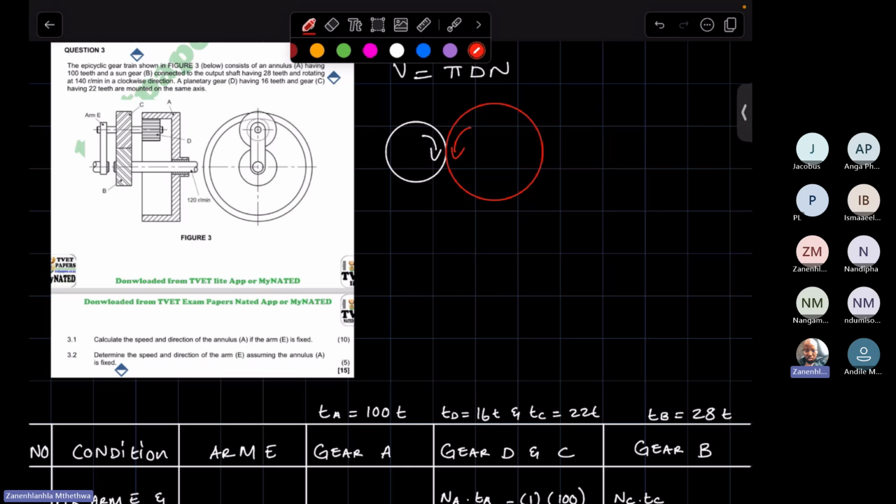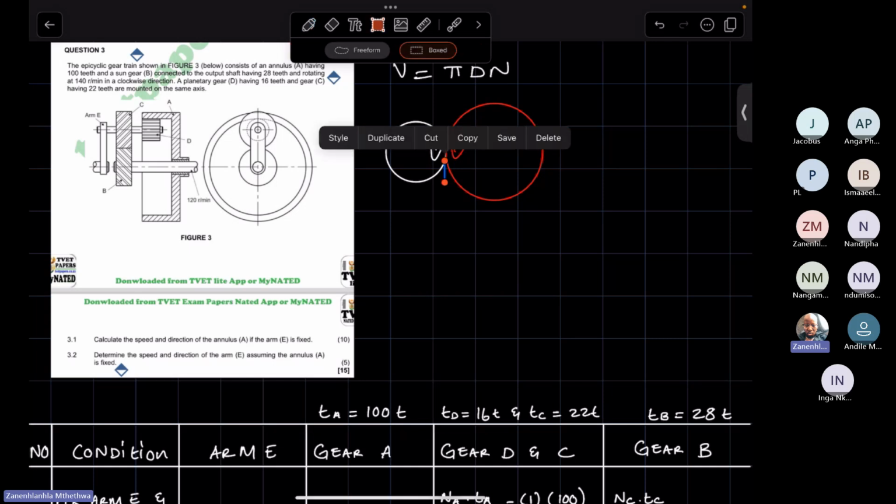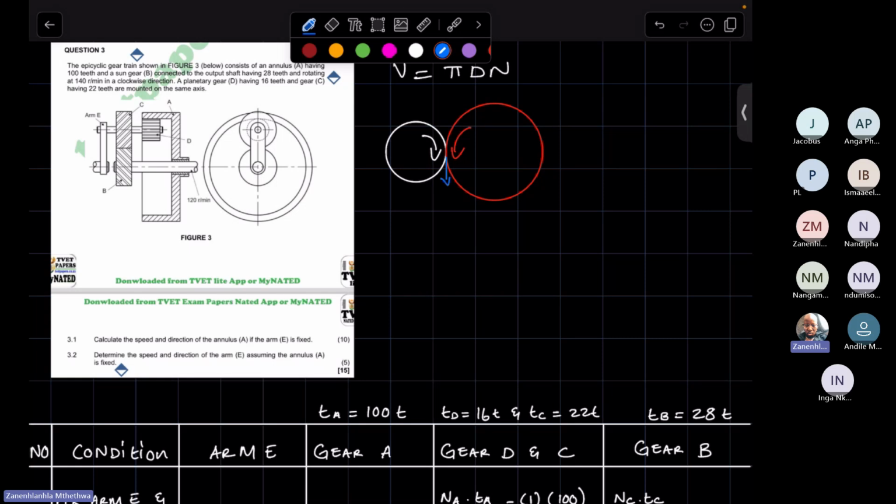At the circumference where the gears meet, you have this linear velocity, which we know as the circumferential velocity. That's V.